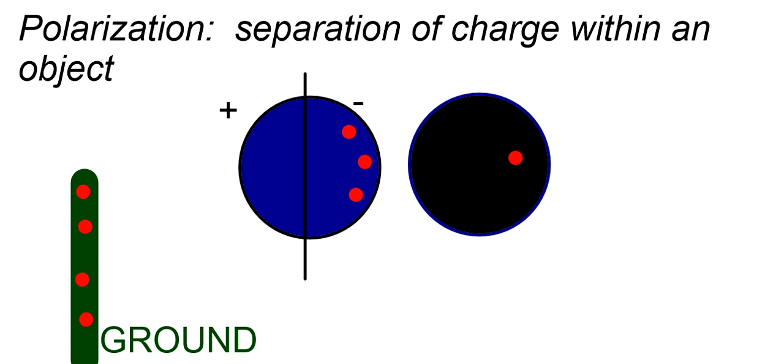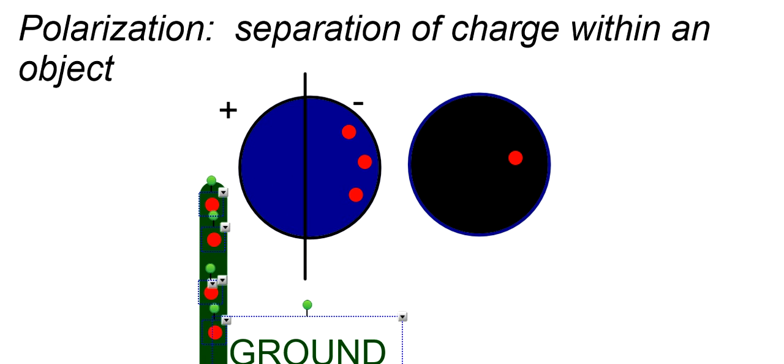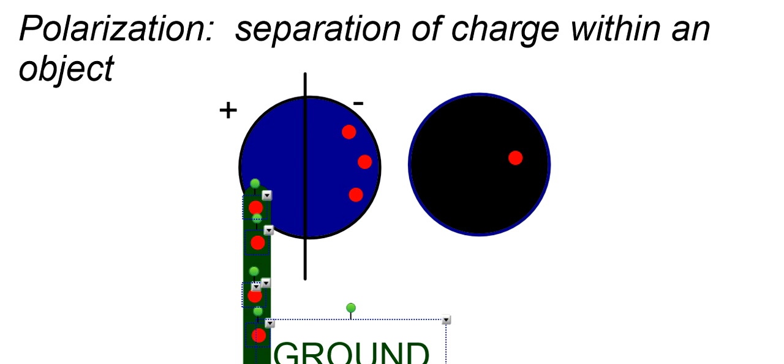Then I'm going to grab my ground source over here, which notice has a whole bunch of electrons in it. I'm going to touch the ground to the neutral object. When I touch it, what's going to happen? These electrons in the ground are going to feel the attraction here, and so they get pulled up, just like that.